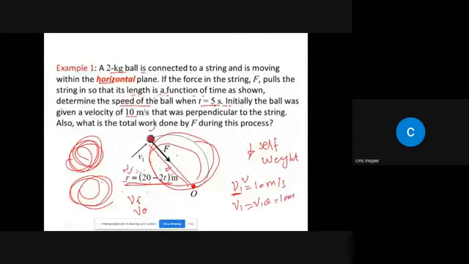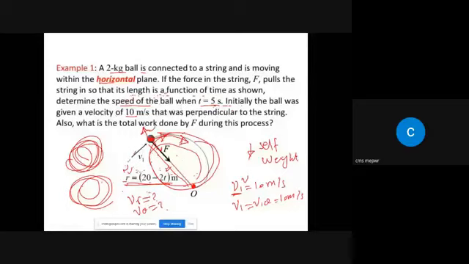After time t equal to 5 seconds, it will have two components, Vr and V theta. V theta will be along the direction like this, and Vr will try to pull it towards the center. It can be in any direction.